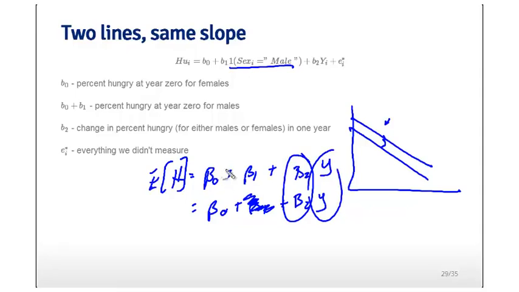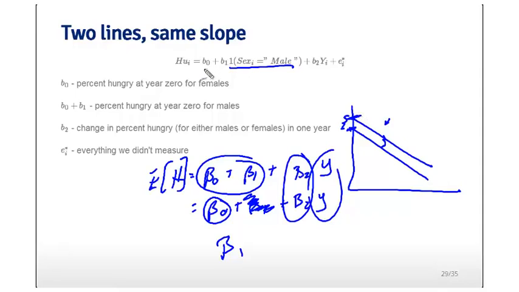However, there's a different intercept. Males have this intercept and females have that intercept. If you were to subtract the two, the difference in the intercepts is beta 1. So beta 1 is the change in the intercepts between the two, whereas beta 0 is the intercept for the females, and beta 1 plus beta 0 would be the intercept for the males. So that's a way you can fit two lines with the same regression model.